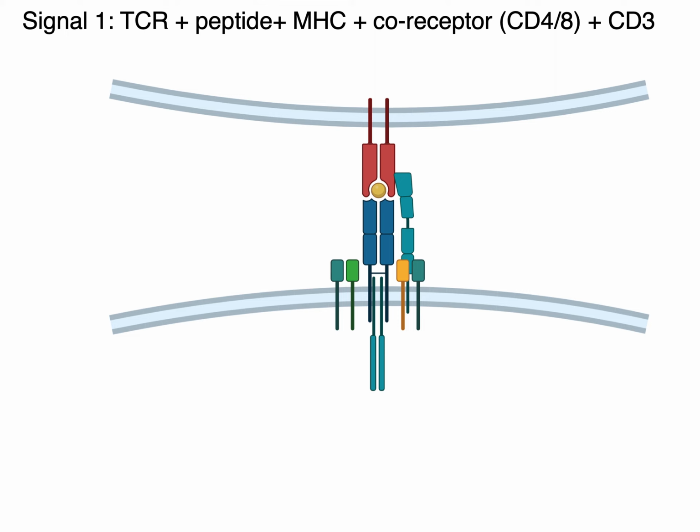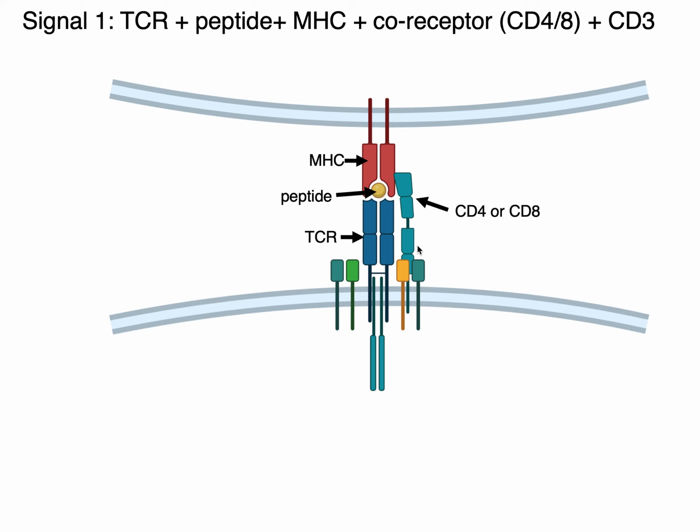Now, T cells, to enter this clonal expansion phase, have to receive activation signals from antigen-presenting cells. And so what I've done is I've drawn a picture of an antigen-presenting cell on top that has an MHC molecule bound to a peptide derived from a pathogen that is interacting with this T cell receptor being expressed by a T cell.